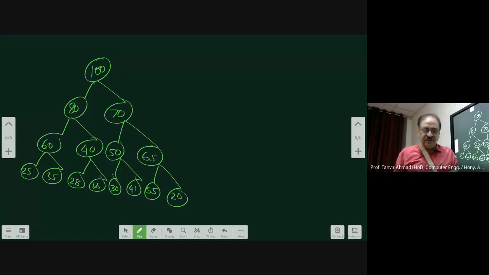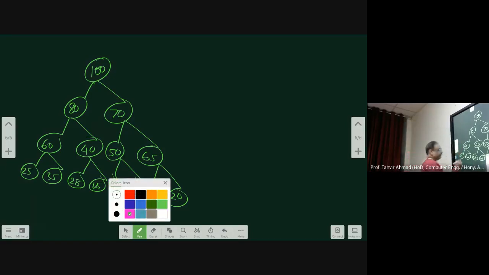This is a heap tree. Now I want to put a number 150. I'll put the number 150 over here.